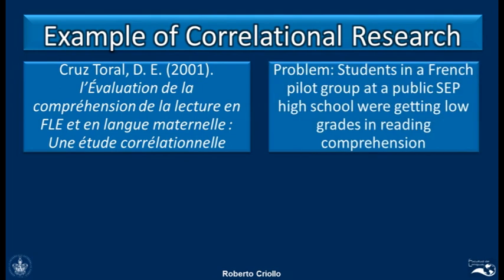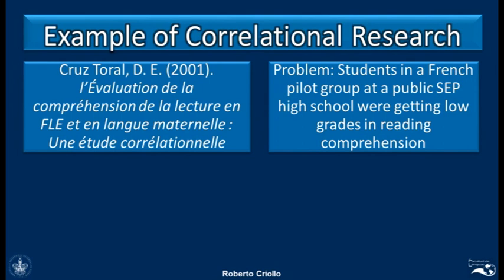So basically, my student was teaching at that moment in a public SEP high school, and there was a pilot program in French. They were teaching high school students French, but it was just reading comprehension. They thought it was going to be easy because French and Spanish are very related, so they're similar in writing.